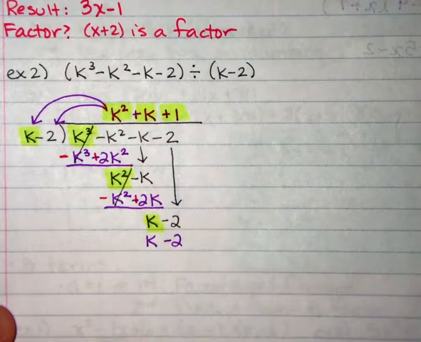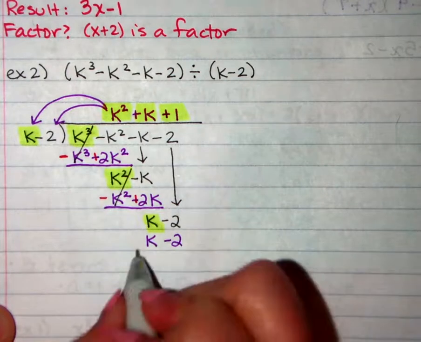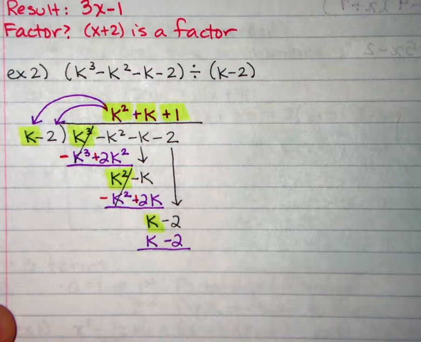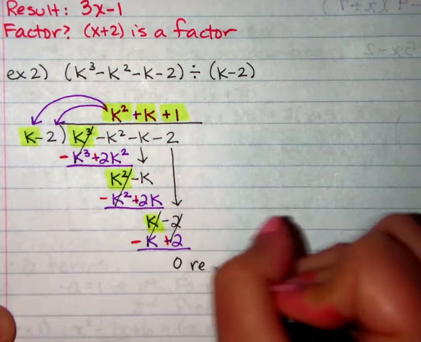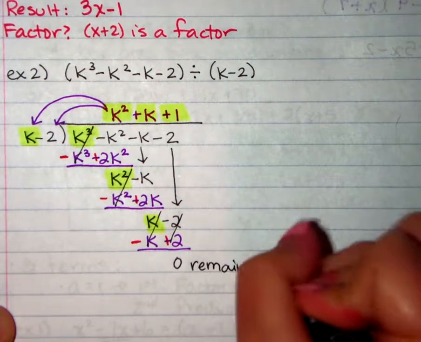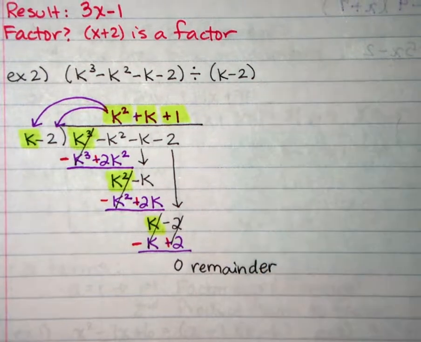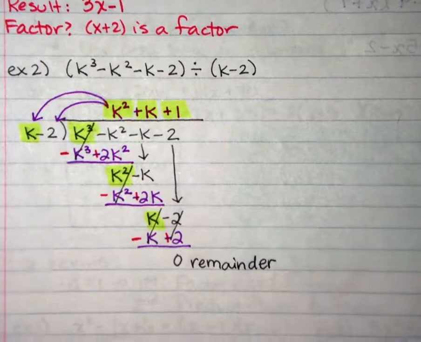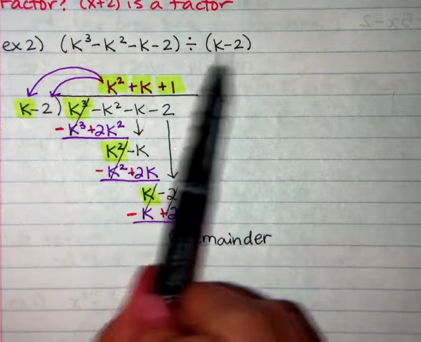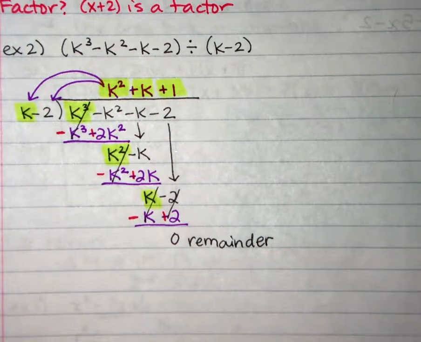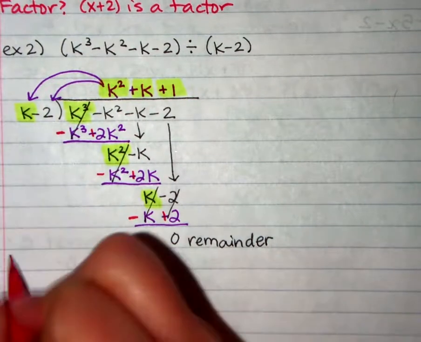So again, what that means is that when I take this polynomial and divide by k minus 2, my result after division is the polynomial up here at the top. It was k squared plus k plus 1. And because I have no remainder, I can answer the question, was my divisor a factor?